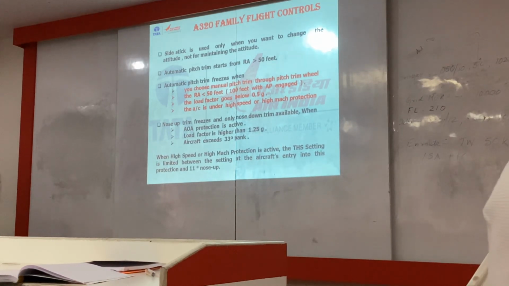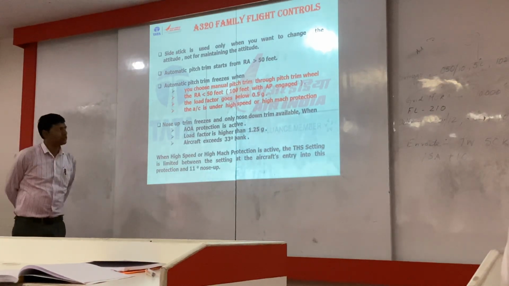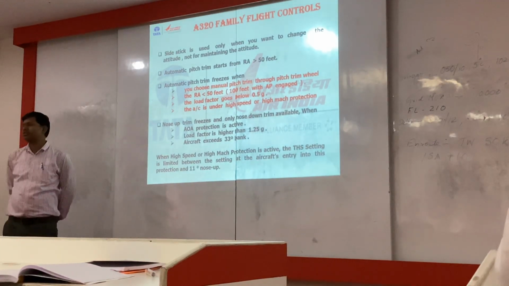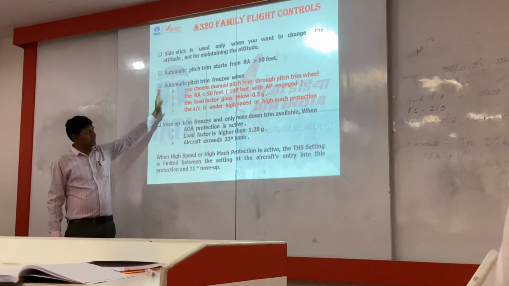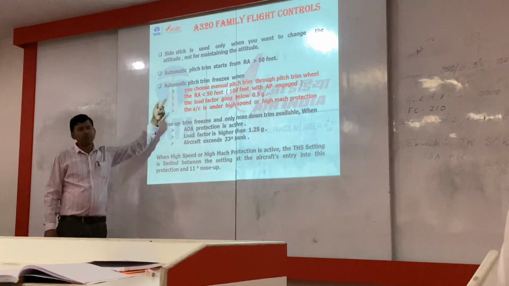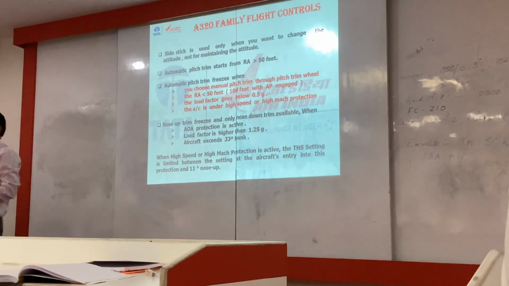Automatic pitch trim starts from RA greater than 15. Automatic pitch trim freezes when you choose manual pitch trim through the pitch trim wheel. If you select it manually, it will freeze. RA less than 50, so basically the flare mode starts. 100 feet with the AP engaged.